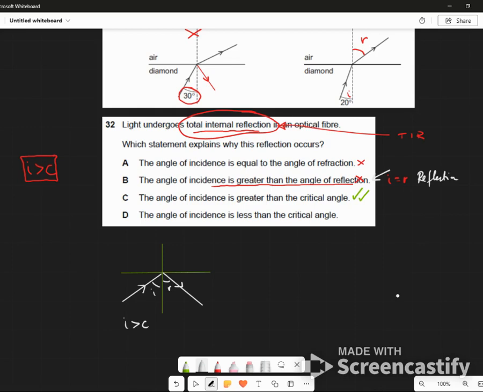And we'll get R. And in this case, Quetzal, I is equal to R. Okay? This is always true. I is equal to R, but it's only always true for reflection. It's not true for refraction. And this is internal reflection, isn't it? I hope that makes sense.